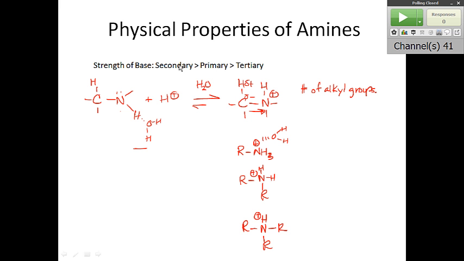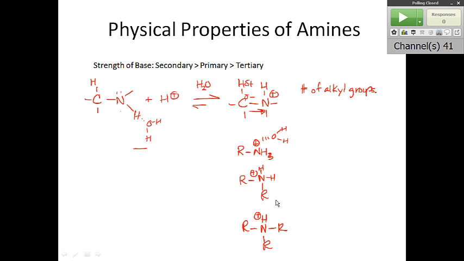Secondary, more alkyl groups to stabilize the plus charge, and then solvation's kind of a wash in both cases. So it gets the pure alkyl group donation. And then when you go to tertiary, the problem with a tertiary is you got 3 alkyl groups, so you don't get much solvation of water.